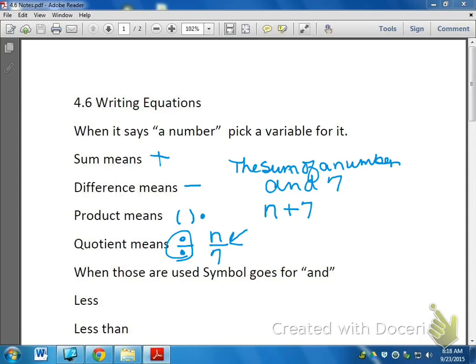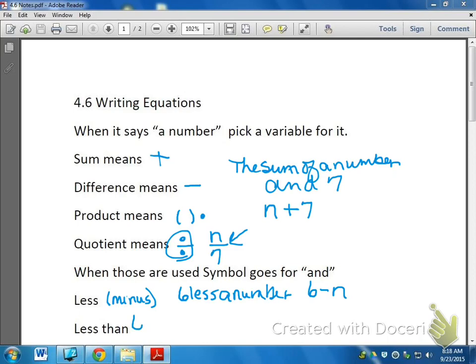So the difference between less and less than, I want to clear that up. Less is like using the word minus. So if it says 6 less a number, I can't hardly write on this thing, sorry. 6 less a number, that literally means 6 minus a variable.